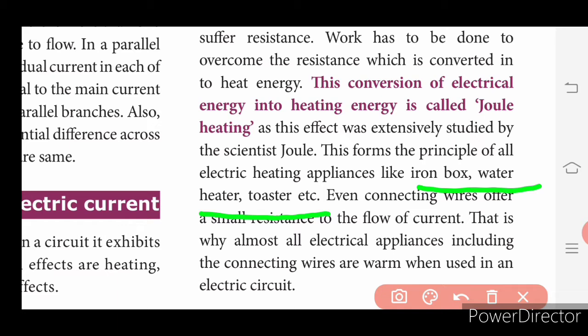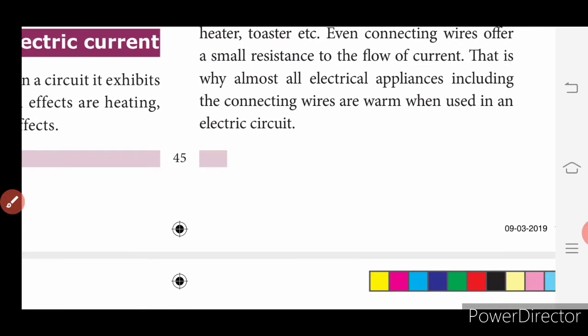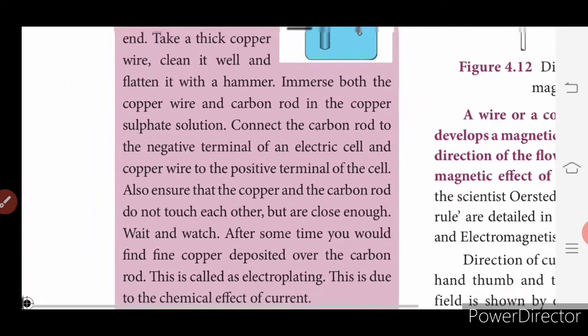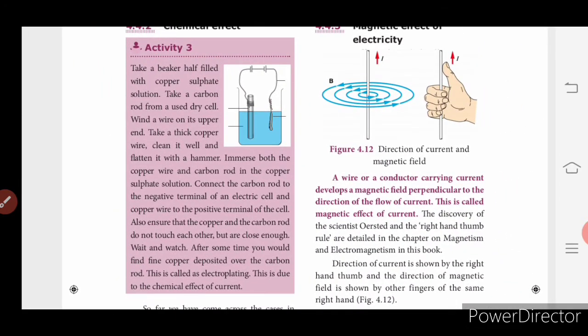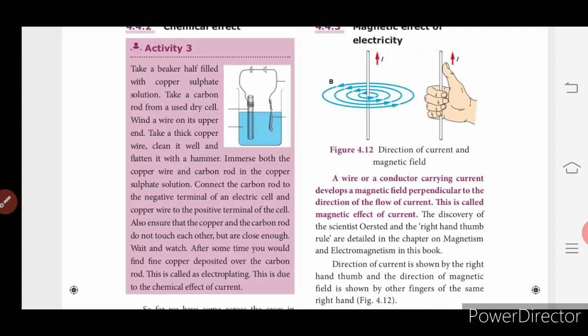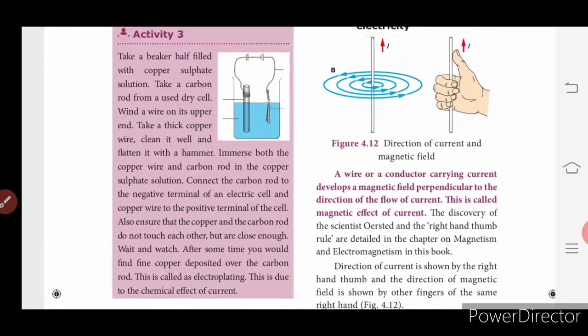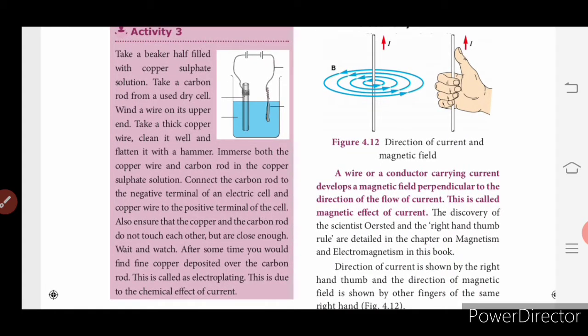Okay, so the next is the chemical effect. This I just explained; it is given in activity 3. Just listen. Here you can see a blue color solution in a beaker. That blue color solution is nothing but copper sulfate solution.